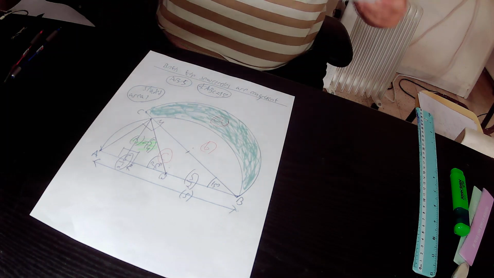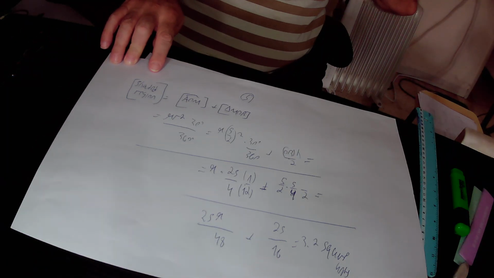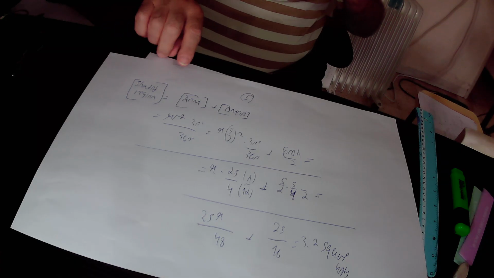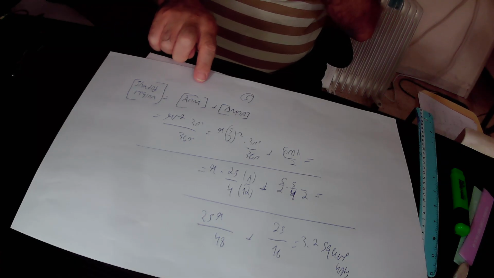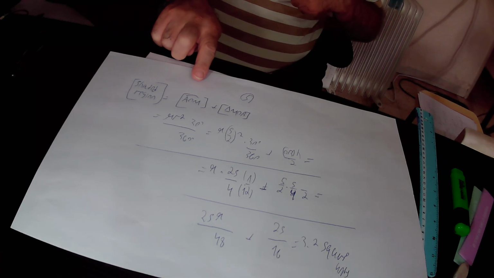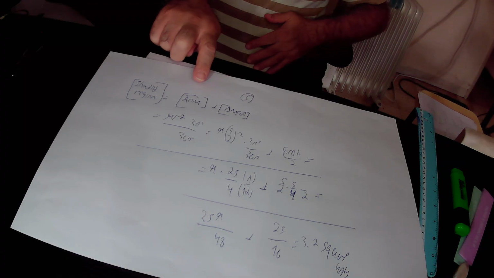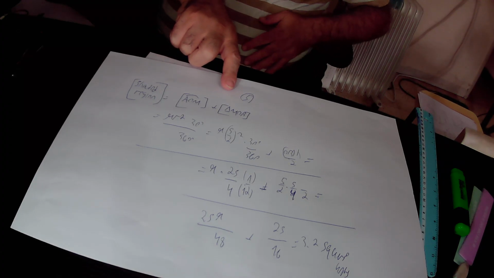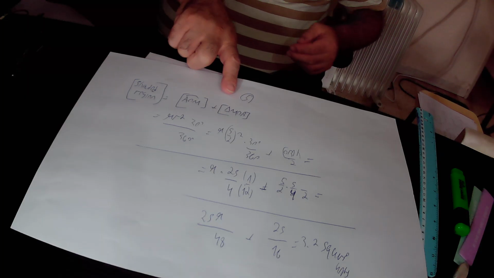So in total, the area of the shaded region must equal the area of sector AOM plus the area of triangle MOB.